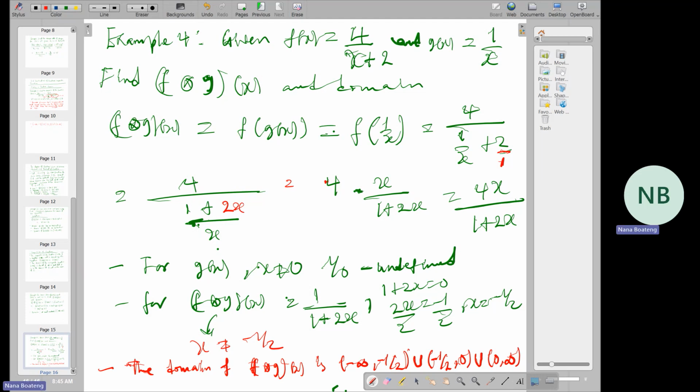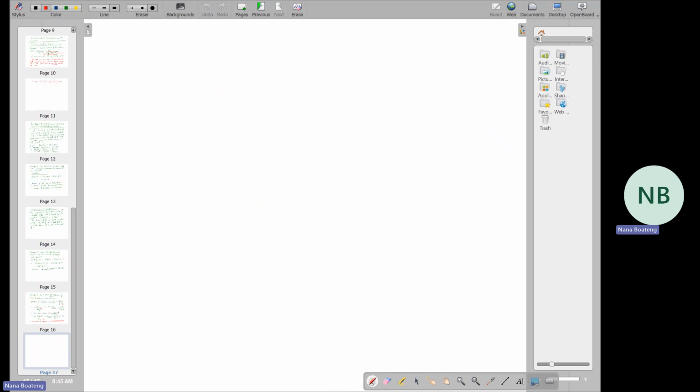All right, so let's look at another example where we express functions as compositions of each other. So this would be our example 5.